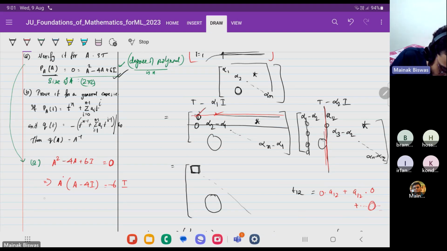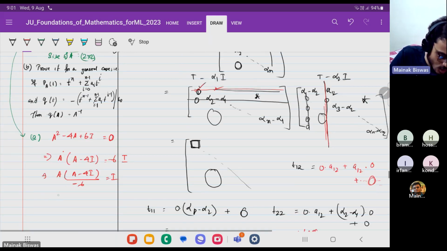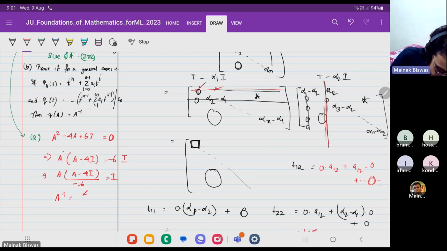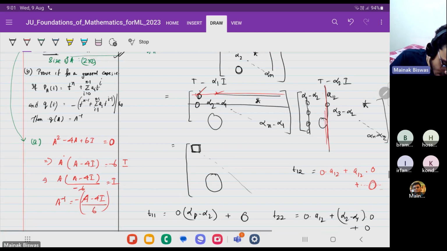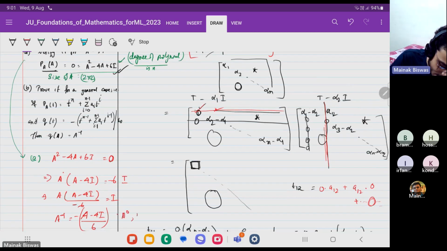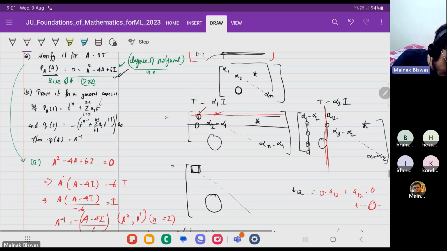So do you see A into A minus 4I by 6 is equal to minus I? So can you say A inverse is minus A minus 4I by 6, right? Yes. So see, we have been able to write it in terms of A to the power 0 and A to the power 1, where n equal to 2, as we had said.